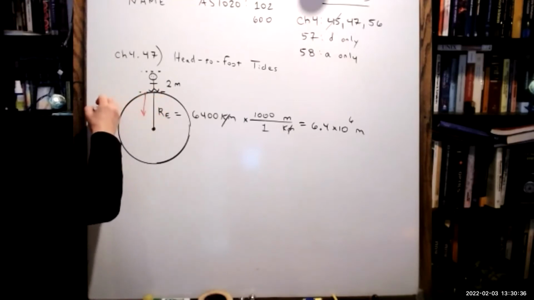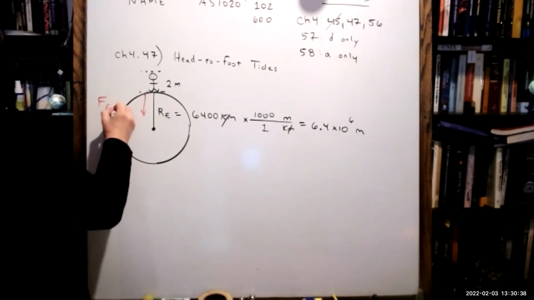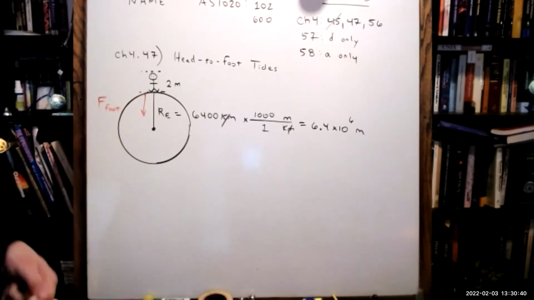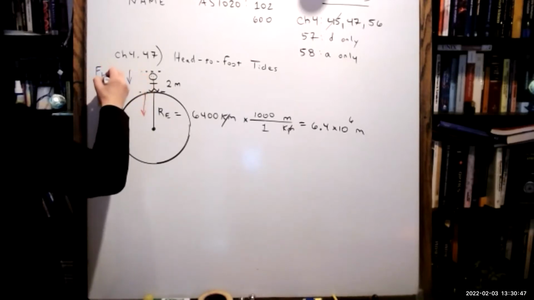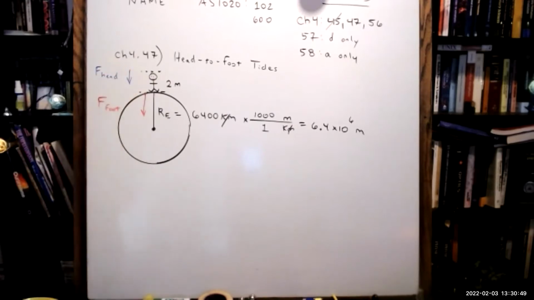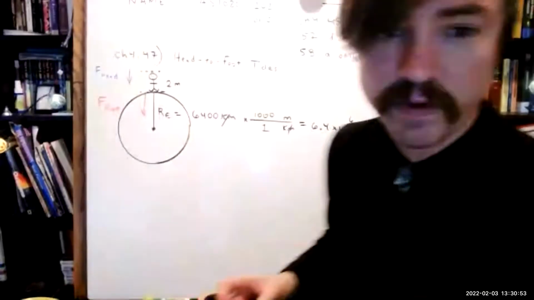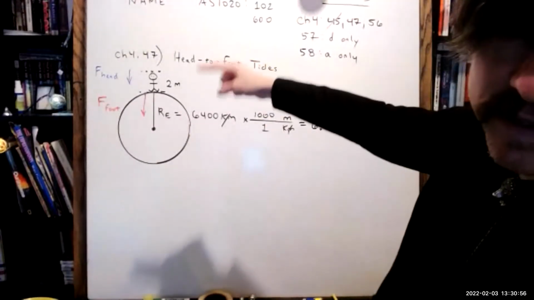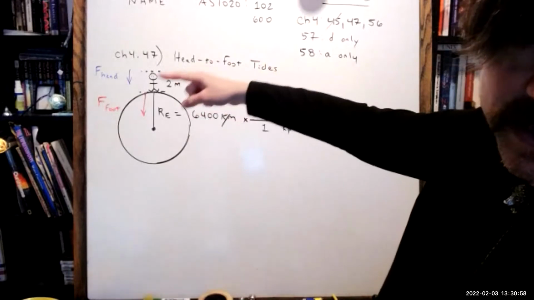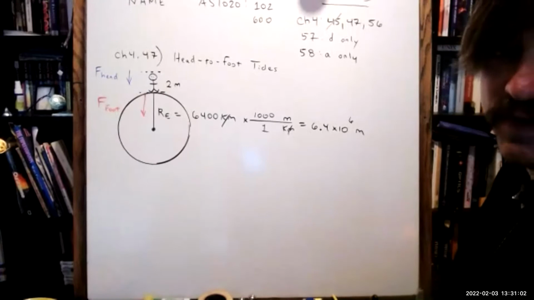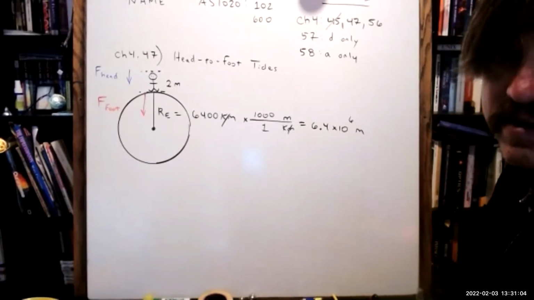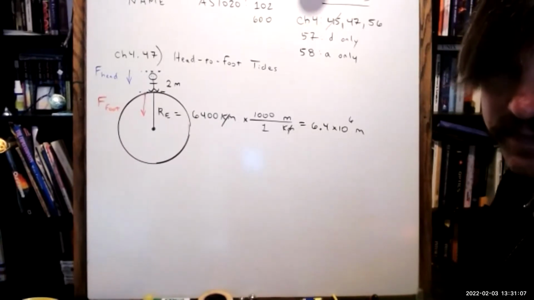We'll call that force F sub foot. And there should be a force of gravity from the Earth acting on your head. We'll call that F sub head. And in theory, if your head is 2 meters farther from the center of Earth than your feet, there should be a microscopic difference in the force between your foot and your head. And it asks us, why don't we feel that force?